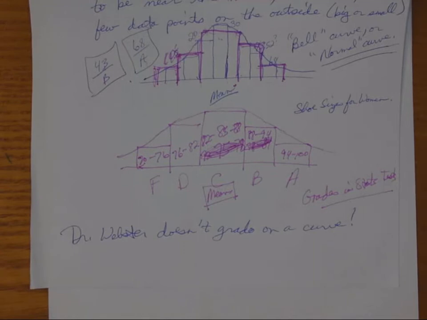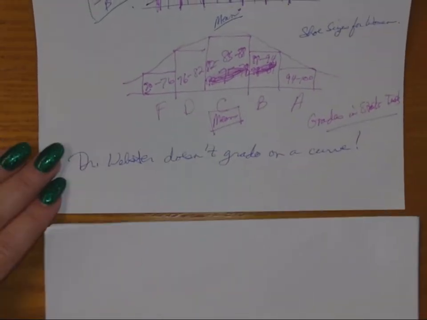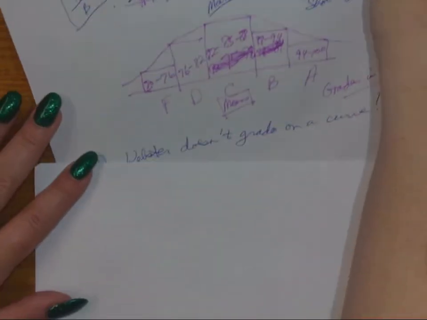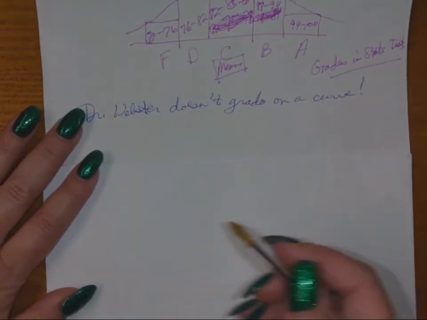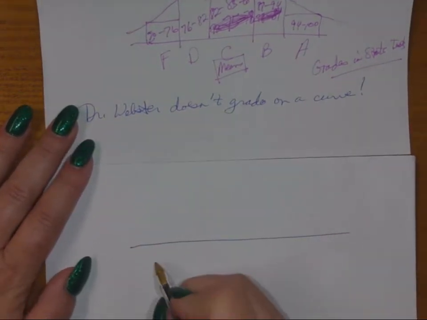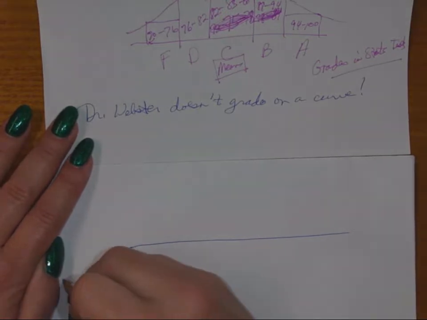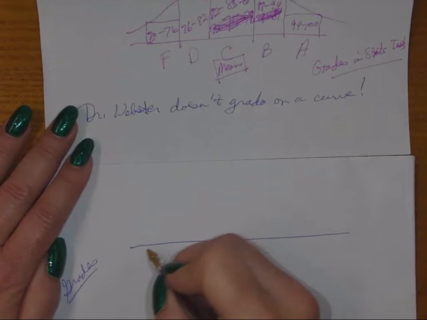So, by the way, what that means in the stats class is normally Dr. Webster's grades look more like this in a standard stats class, and I've taught this class lots of times. What happens is if you look at it as, let me change these grades around. I don't know why I'm doing it backwards.